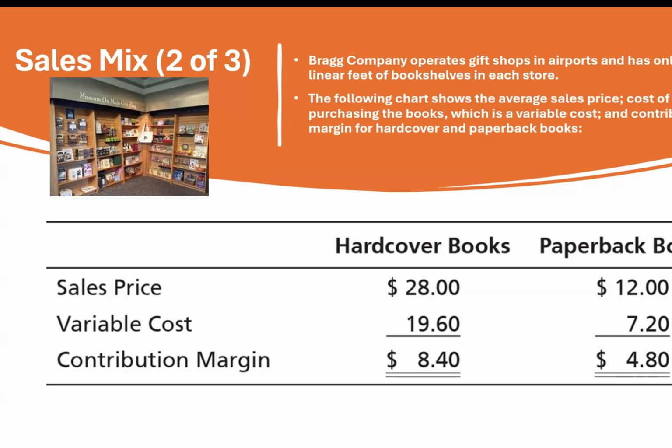Based solely on the information presented, it is clear that hardcover books have a higher contribution margin and should be prioritized. However, managers must also account for the constraint of limited shelf space when making their decision.